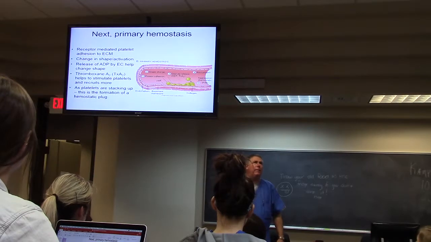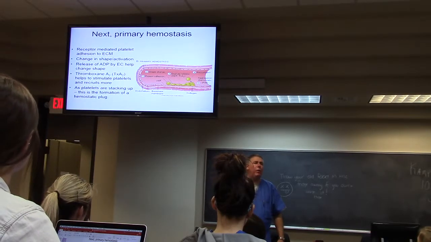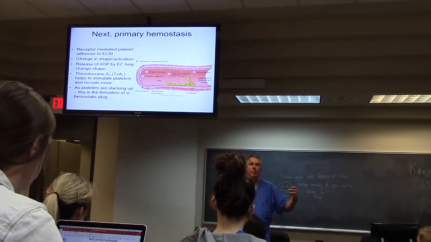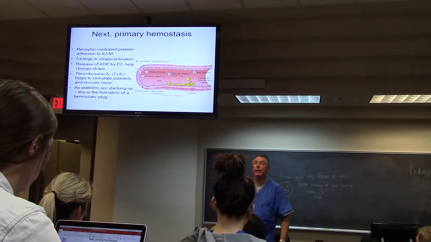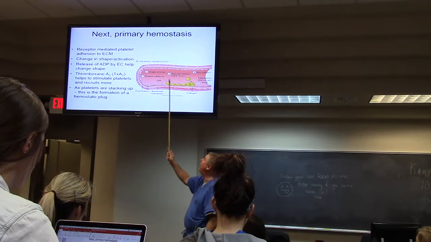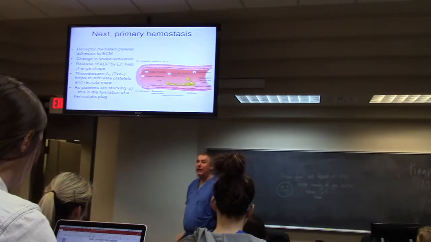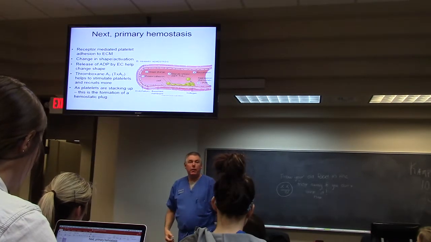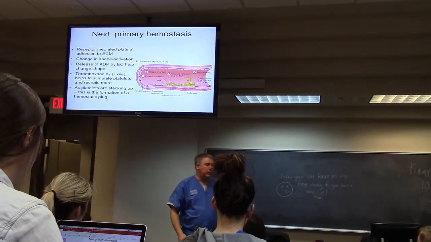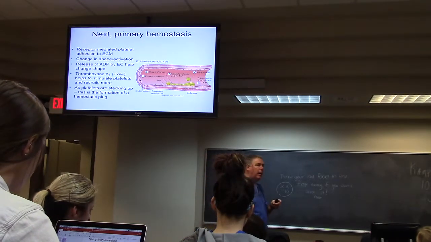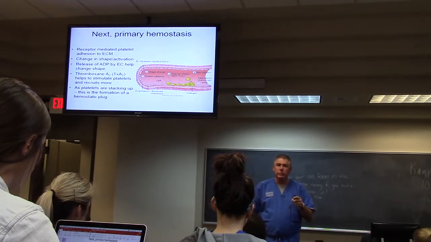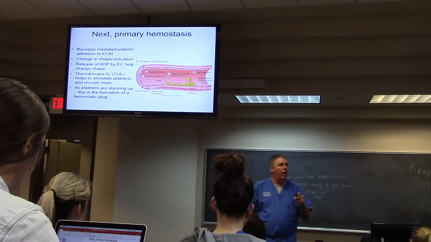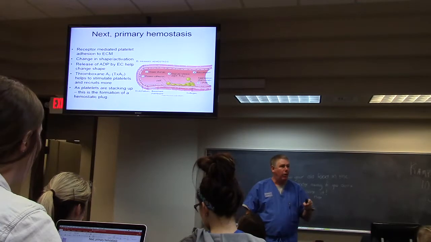Now, there are a couple of things that happen. One is they change the shape from their biconcave disc to more flattened structures. And the second thing is you get the release of adenosine diphosphate and thromboxane A2. Now, the reason I point out these two substances here is because there are a lot of diseases or instances where you need to have somebody on an anticoagulant.